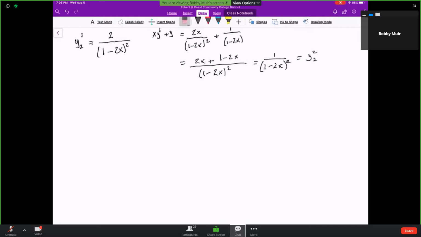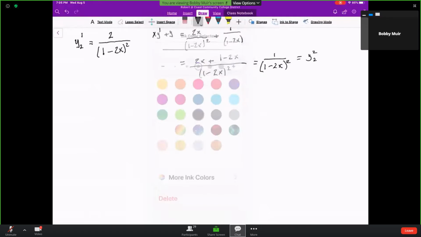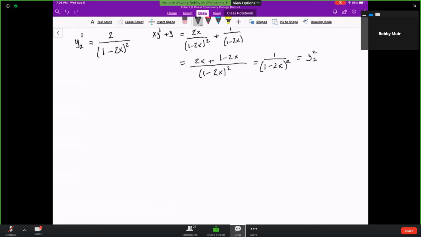Like, for example, let's say we had a problem like this. dy dx equals x, oops, trying to make one up here on the spot that does this feature I want it to do. It's going to be y over 2x.